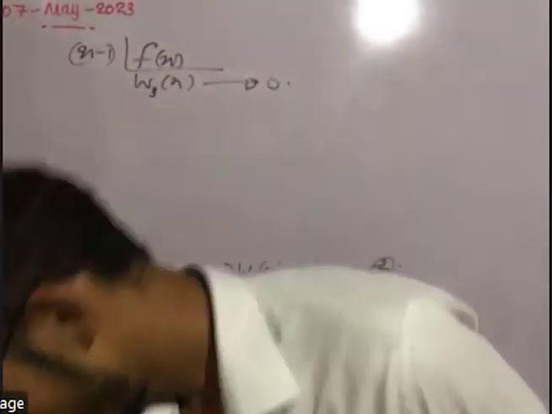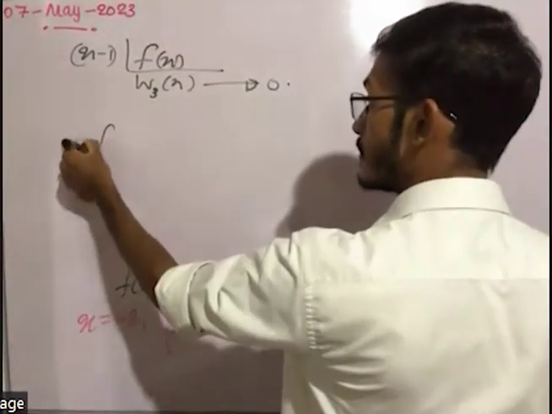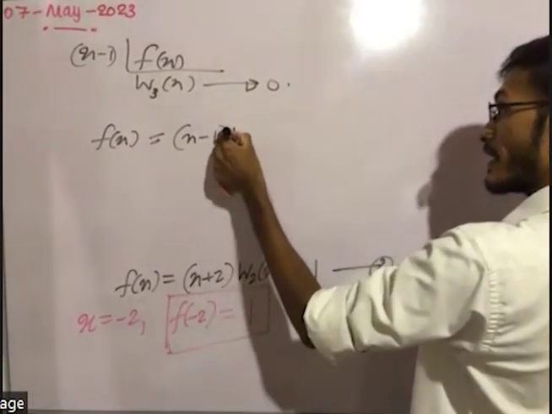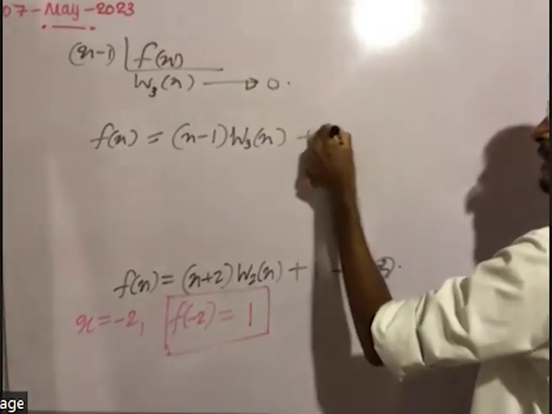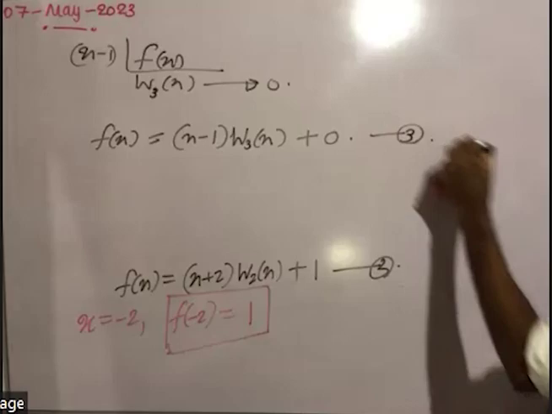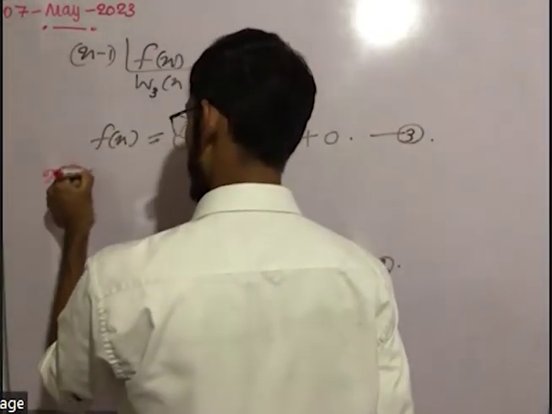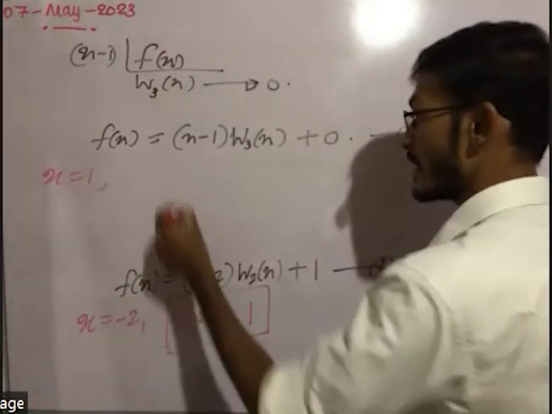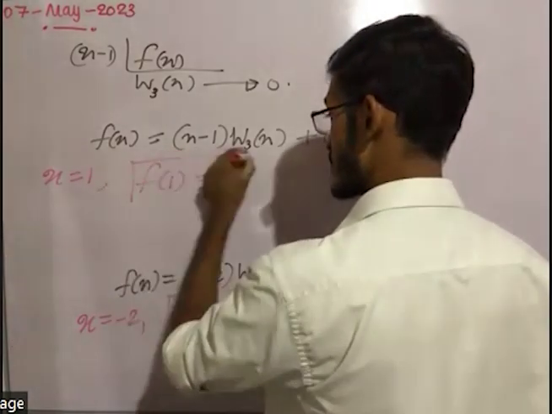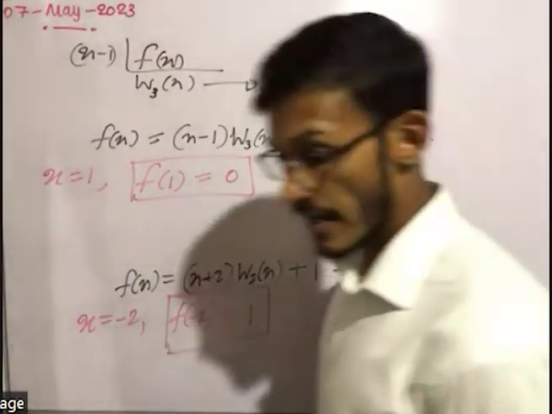So using that, we can write down f(x) is equal to (x minus 1) into w(x) plus 0, right? I will take this as number 3. So here also, when x equal to plus 1, we can write down f(1) is equal to 0. So this is the third expression we got.